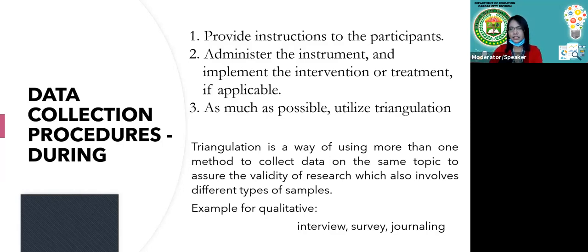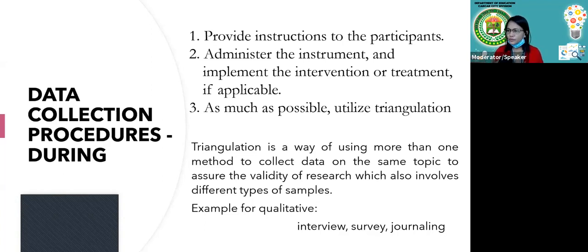What is triangulation? Triangulation is a way of using more than one method to collect data on the same topic to assure the validity of research, which also involves different types of samples. So for example, you have gathered a lot of data already. You use a survey questionnaire, let's say a Likert scale questionnaire. And then you have gathered all the responses, but there are some parts of it that you find questionable.